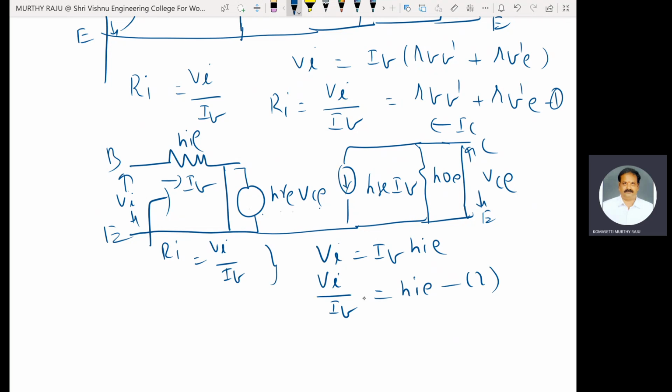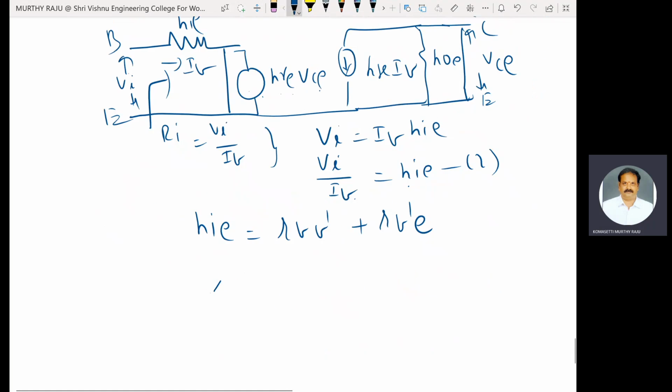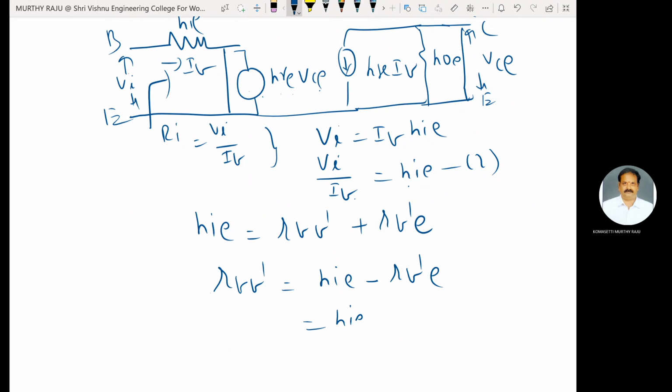Substituting here, HI is equal to RBB dash plus RB dash E. Therefore, the base spreading resistance RBB dash is equal to HIE minus RB dash E. RB dash E is equal to HFE by GM, already derived.